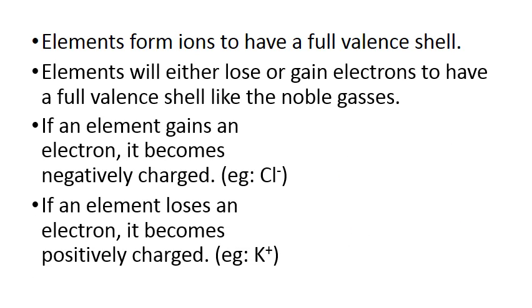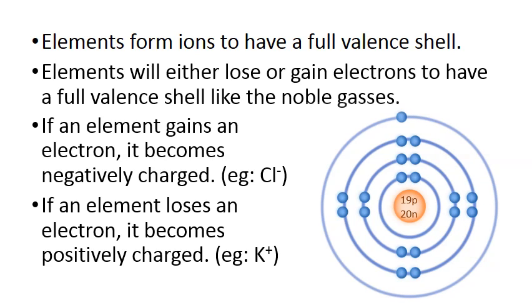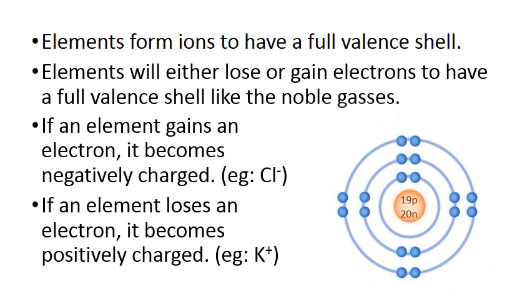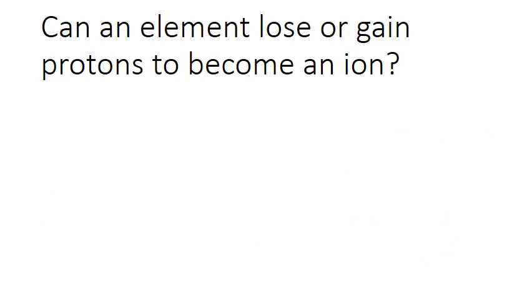If an element loses an electron, it becomes positively charged, like potassium. Here's potassium, and it has that 1 extra electron in its valence shell. If it gets rid of that, it'll be just like argon, the noble gas. Now it has more protons than electrons, so it is positively charged.